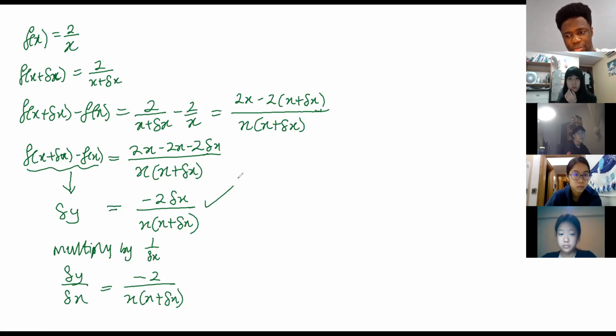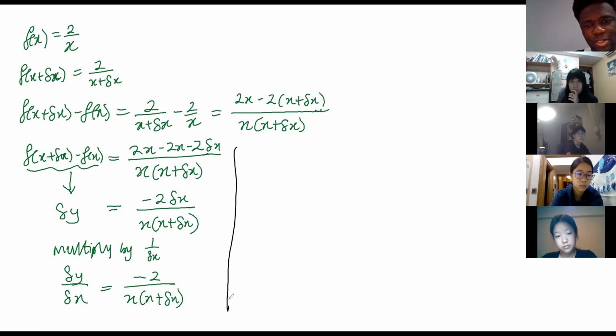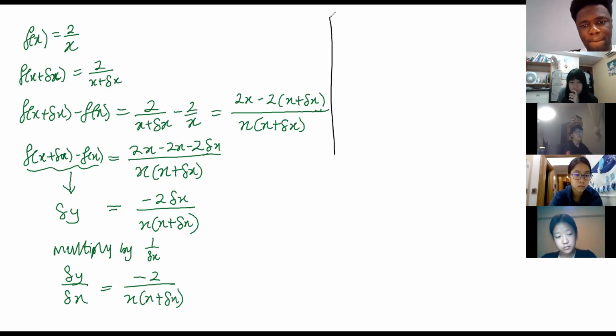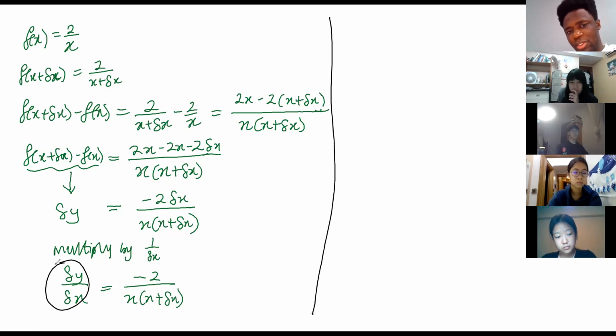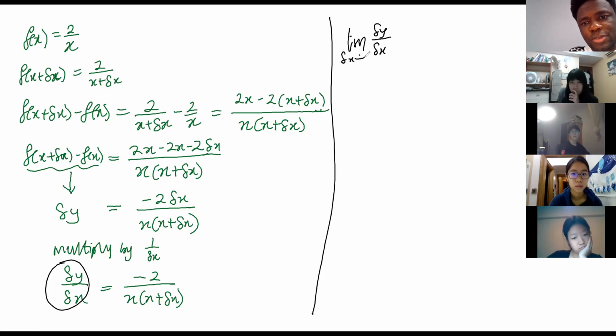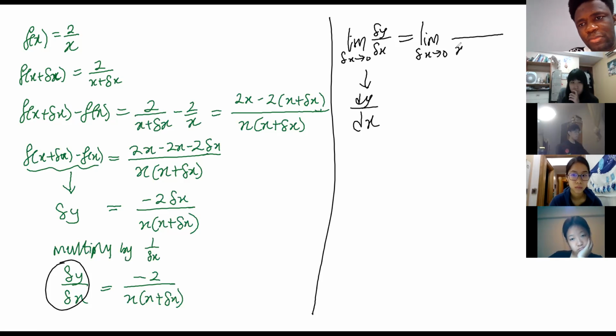Karen? Agreed? Okay, so from here, take the limits of both sides. As simple as ABC. Once you get to this point, the next thing is the limit. So the limit of delta y over delta x as delta x tends to 0, which will become dy dx in the next step, is simply the limit as delta x tends to 0 of this fraction.